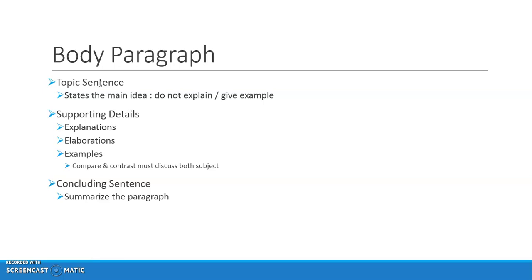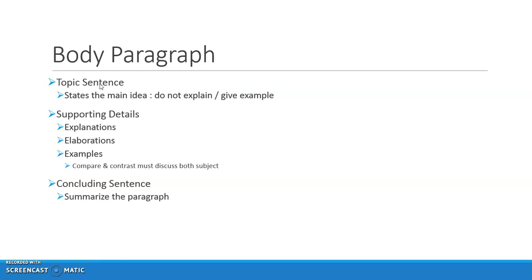So we want you to write the topic sentence as one sentence in your body paragraph. Later on we'll see that the topic sentence can be at the beginning, in the middle, or at the end. But for APT, we want you to write it at the beginning, or to be exact, to be the first sentence of your body paragraph. So just write it in one sentence. What does it do? It states the main idea.